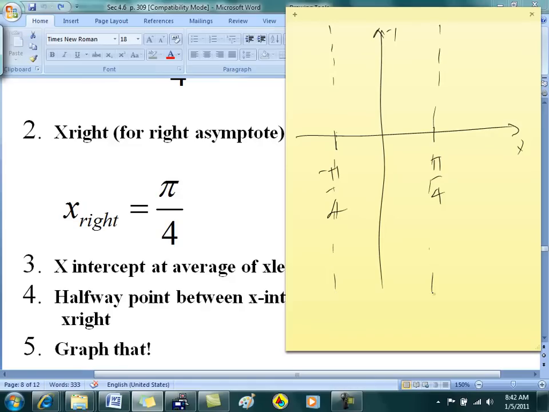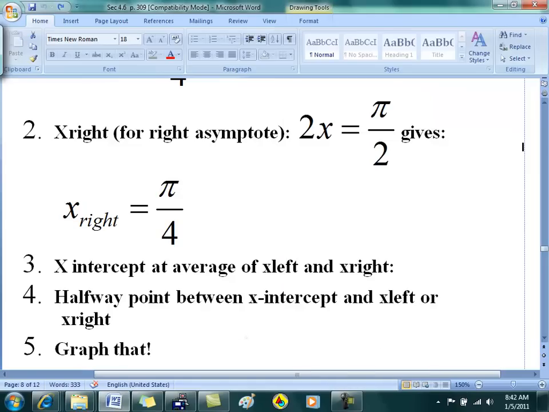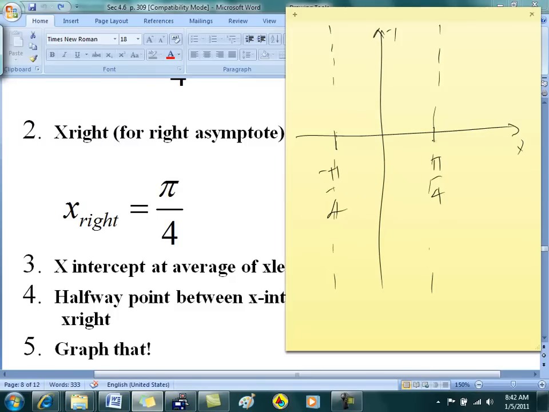If you look at the notes here, it tells you the x-intercept is the average of x left and x right. In other words, the graph is going to go through the average of minus pi over 4 and pi over 4, which is 0. The next thing we need to do, like I mentioned in class, is take the halfway point between here and here.